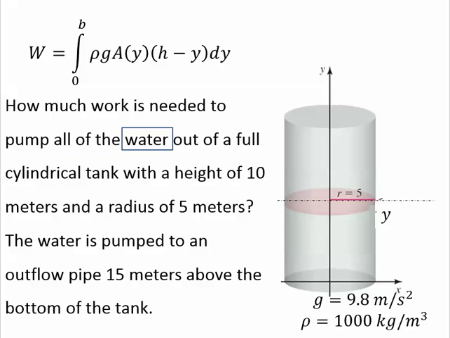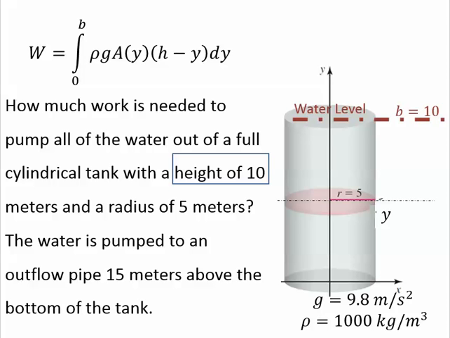Water has a density of 1,000 kilograms per cubic meter. The height of the tank is 10 meters and the tank is full of water, so the water level is 10 meters.